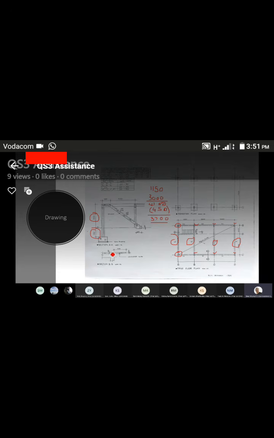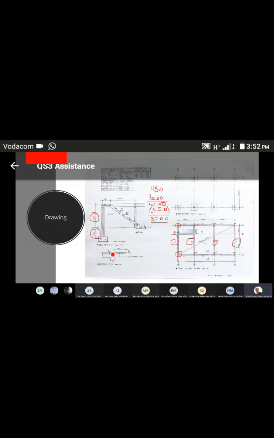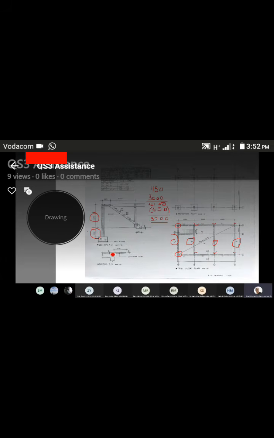So I now need to determine the concrete that goes into these columns. When I look at my dimensions that say reinforced concrete in columns, I know that my height is 3 meters 700.